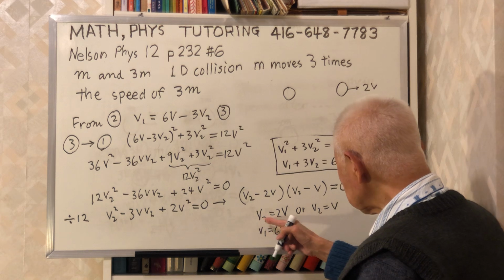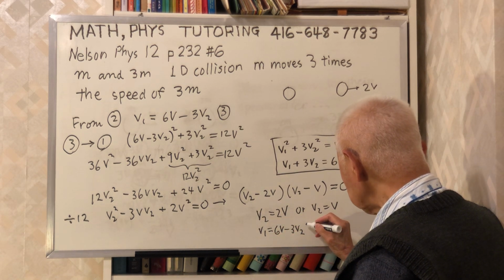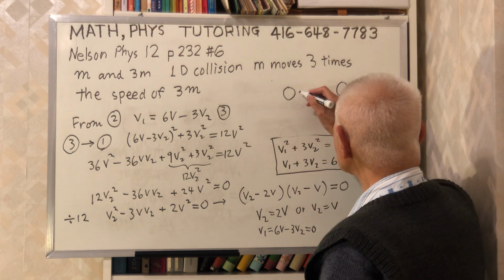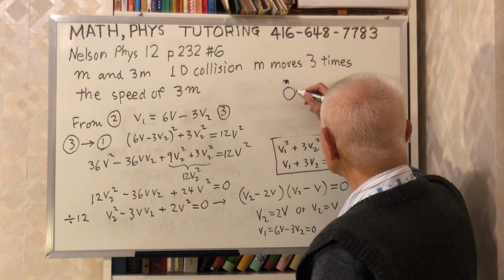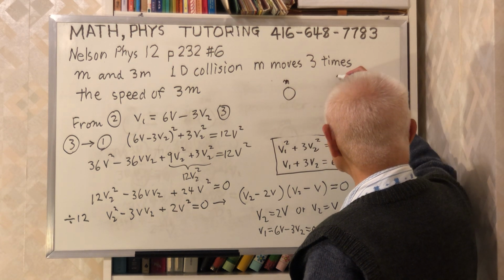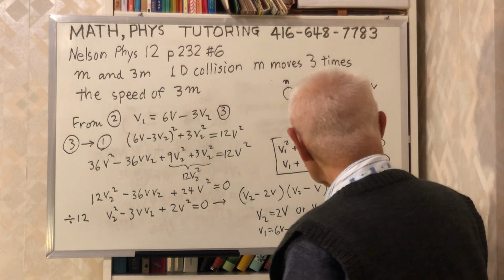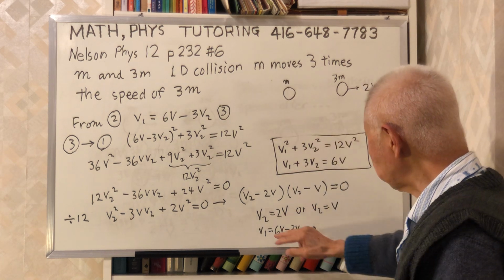For this case, v2 is 2v, then it's 6v minus 6v, so it's 0. Okay, this is v1 equals 0. So m is not moving, 3m is this. That's the situation for this answer.